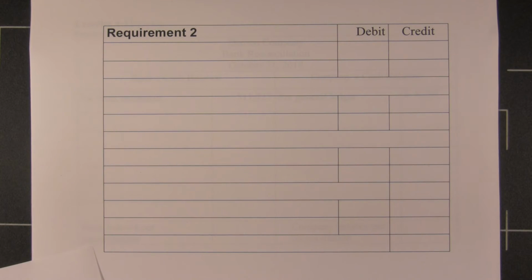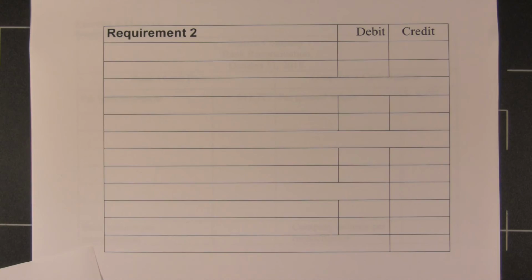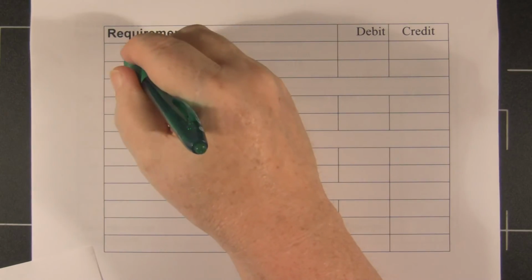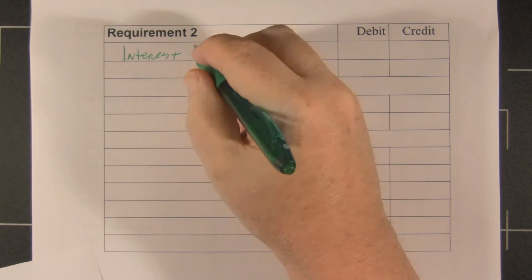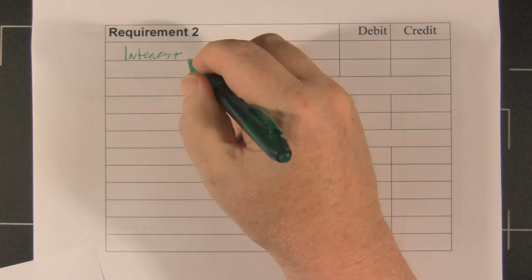So we need to, for the interest revenue, so we have interest revenue and cash.